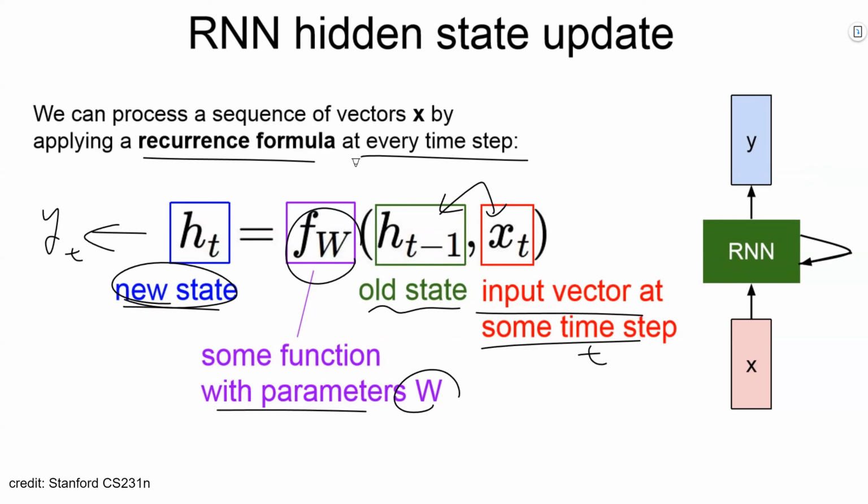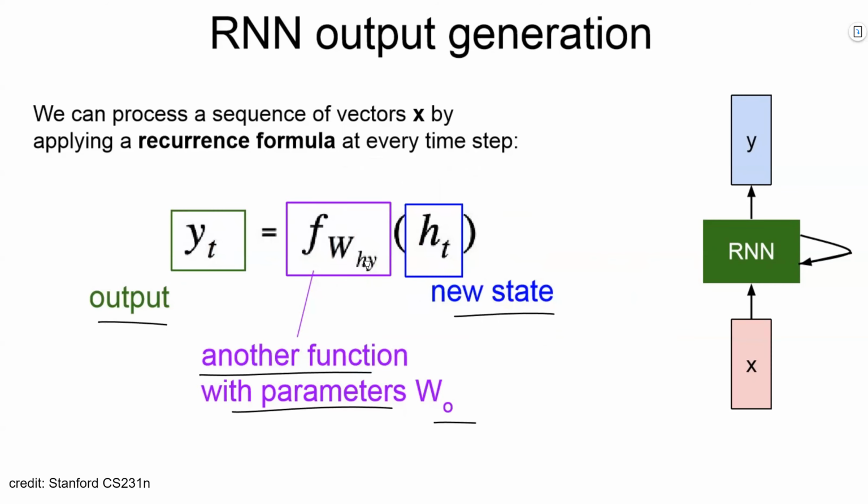Actually we have two w's, W_hh and W_xh. We calculate the multiplication of these two matrices, pass through some functions, and then generate the new state. And this new state changes h to y.